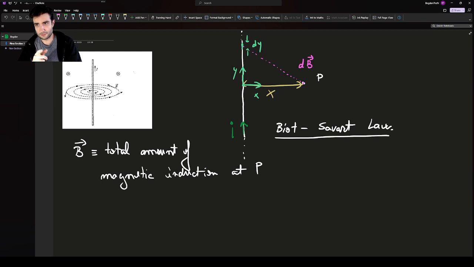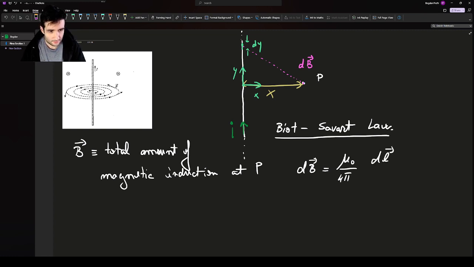So the Biot-Savart law says that the contribution dB, which is a vector by the way, is equal to mu 0 over 4 pi. mu 0 is the permeability of the medium, and then we've got a cross product between dl and r.